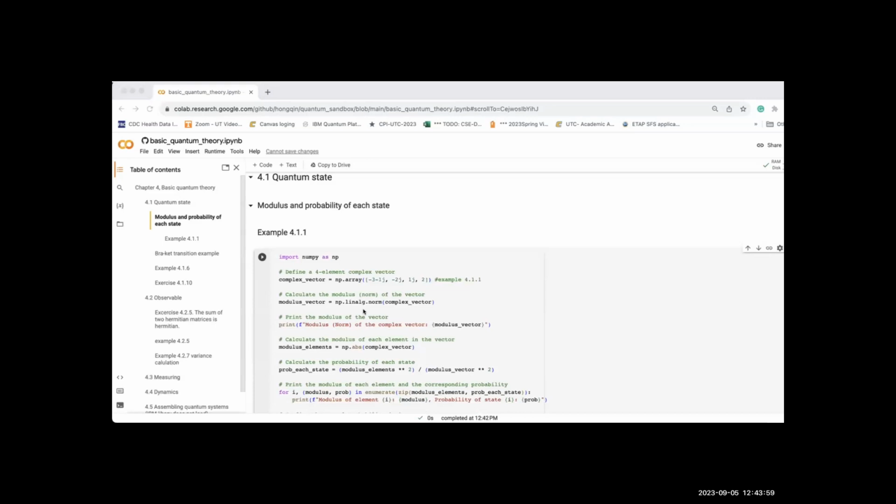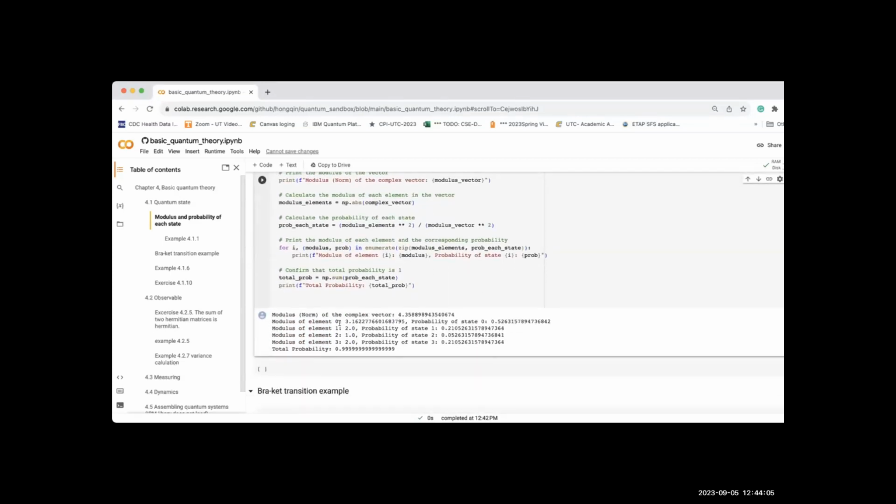For x2, which is basically a third, what's the probability? 0.05, yeah, 0.05.